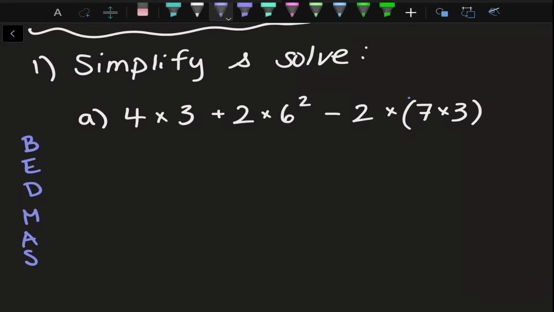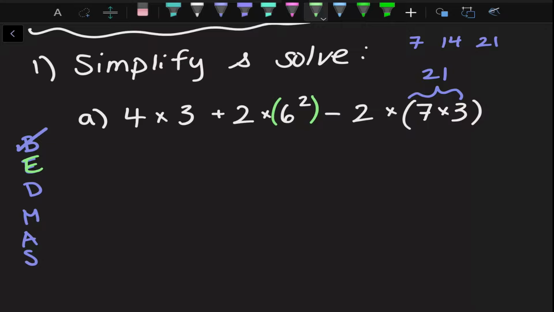I'm going to take this guy. 7 times 3, 7, 14, 21. 21 is going to end up there. That's all the brackets I have in here. Okay, brackets done. Exponents. That's my next step. Exponents. I have that right here.